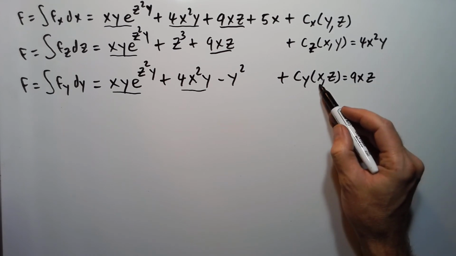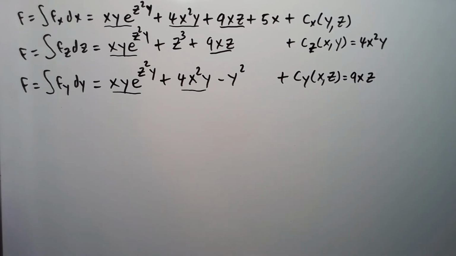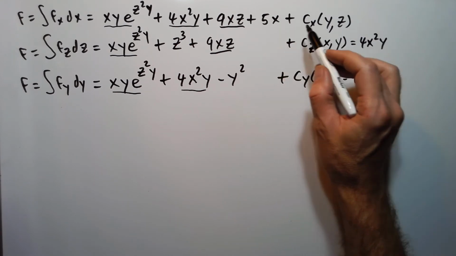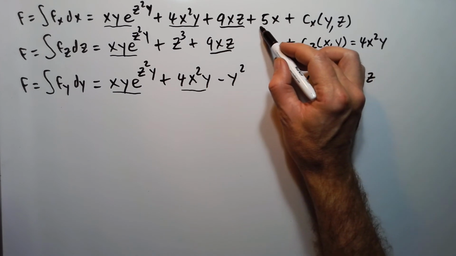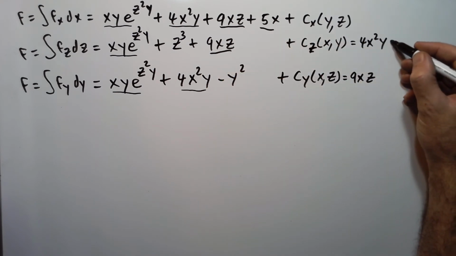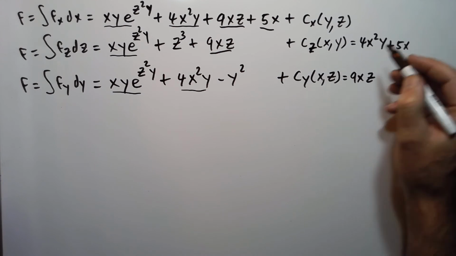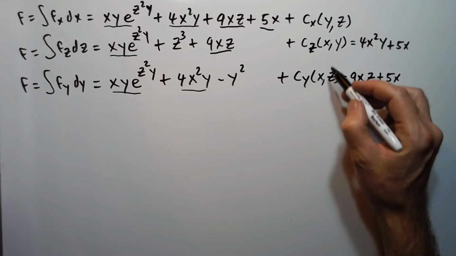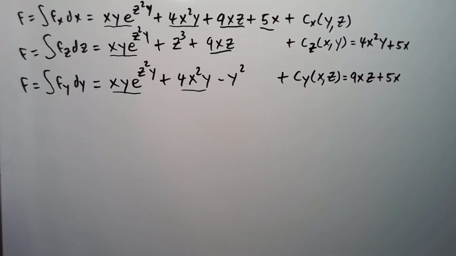I can do that because I can add a function of x and z, so that's fine. Then we need 5x, so 5x is missing from this one. I can add it here. It's missing from this one too. I can add it here because it's a function of x in both of them. So that's taken care of.